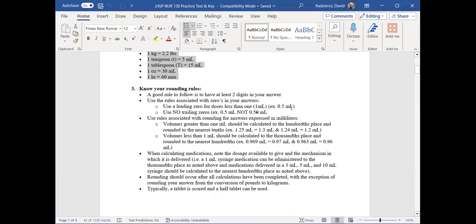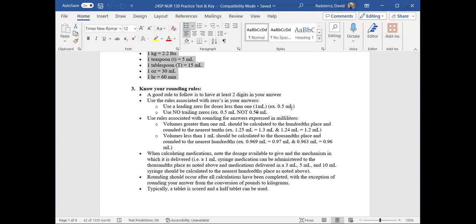All right. So rounding rules, where things get a little bit sketchy or troubling is you probably know that you should round. You just don't know if there are exceptions to rounding. So the main rules of rounding are, if you have a number greater than 1, you round to the nearest 10th.